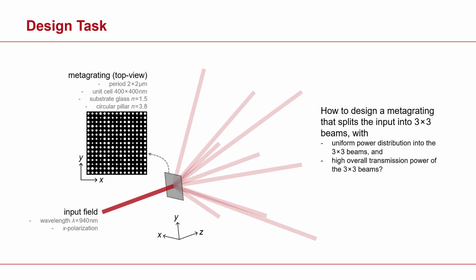So we want to maximize the efficiency, we want to maximize the power that goes into those 3x3 working orders, and we also want to ensure that the energy distribution among those 9 orders, 3x3 orders, will be as uniform as possible. That is more or less the functional design.